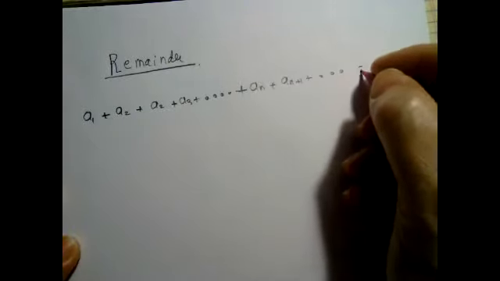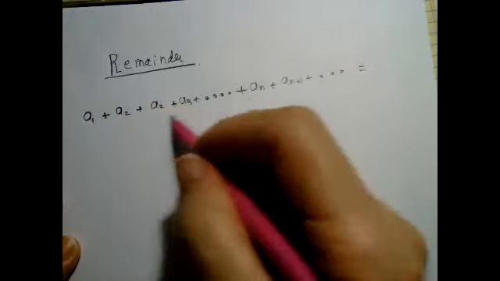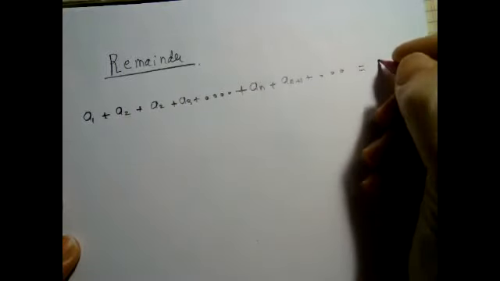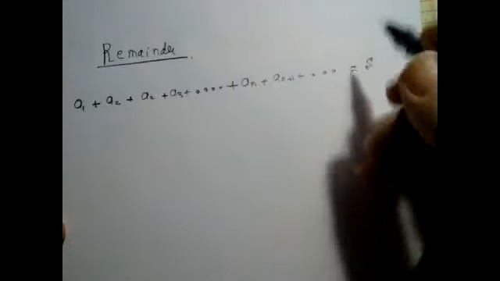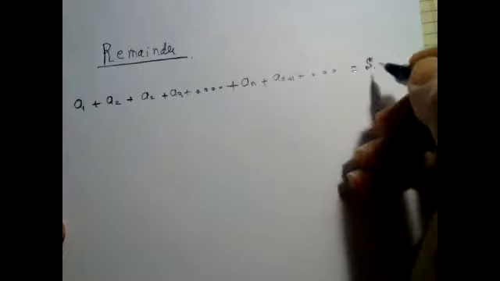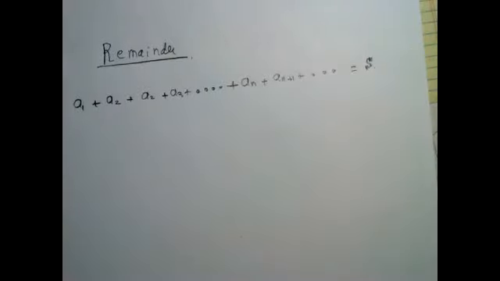And let us say that this series converges, meaning that as we add the terms, we get close to a certain number, a sum. So we're going to call it S. So S is the sum of the series. What does this mean to us?